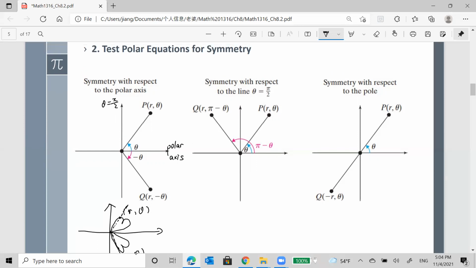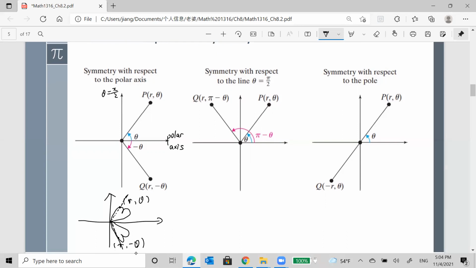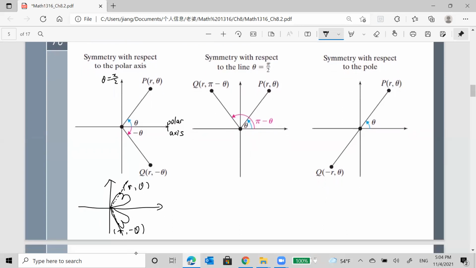Next, if the equation has symmetry with respect to the line theta equals pi over 2, so there are two points on the equation, one here and one here. If this function has symmetry with respect to the line theta equals pi over 2, that means this line theta equals pi over 2 is like a mirror.